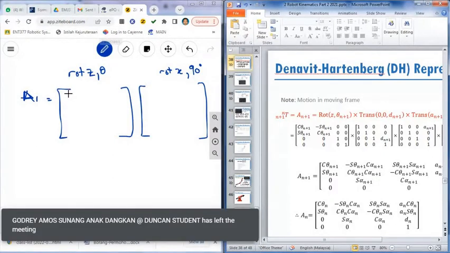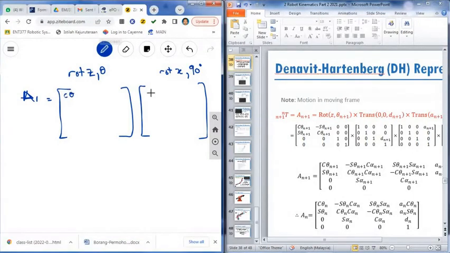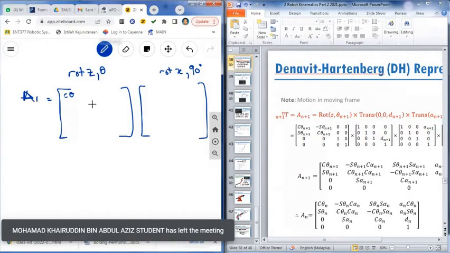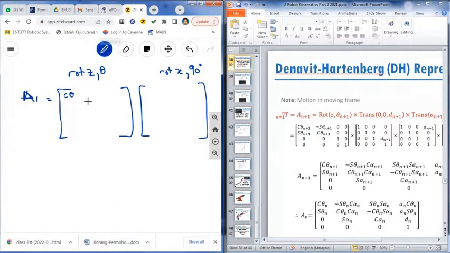So cos theta. But in this case, they didn't put theta because they try to reduce the complexity of the numbers, so many numbers here. They just put cos 1, sin 1, so it's easier to calculate.